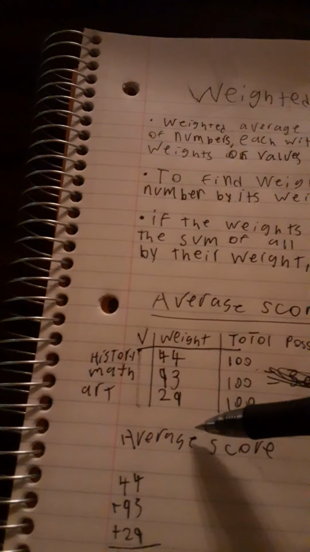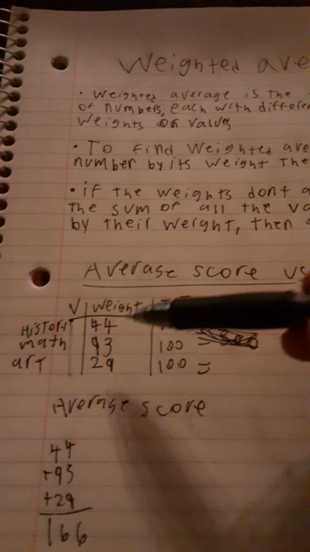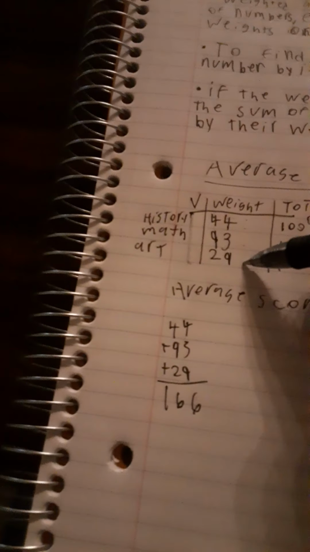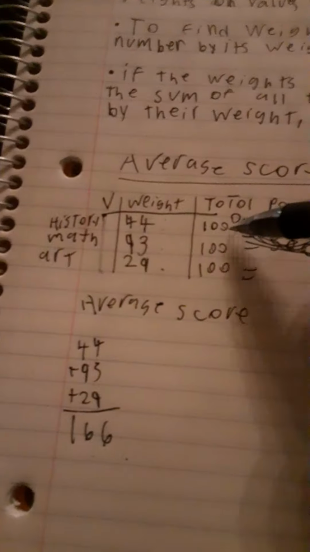So pretty much what we're doing on this side is adding these 3 up together, getting us 166. But since we're looking just for a number in percentage, in average, percentage-wise, since there are 3 of them, we're going to divide 166 by 3. Just like how we would add the possibilities, we're going to divide 300 by 3, getting us 100.